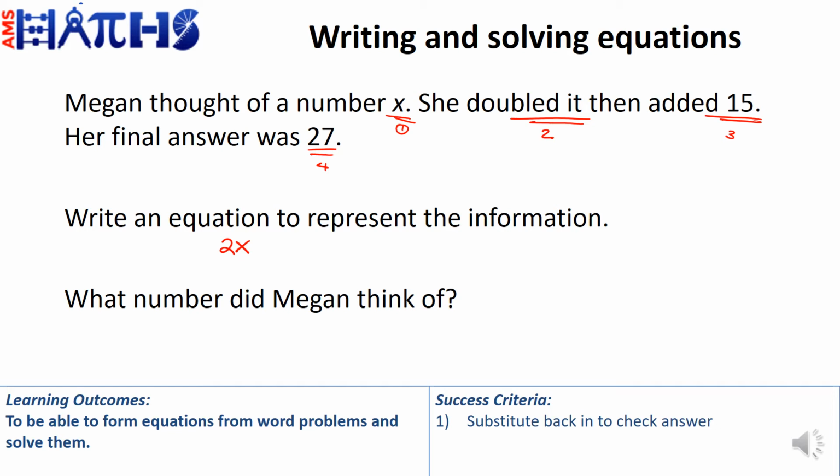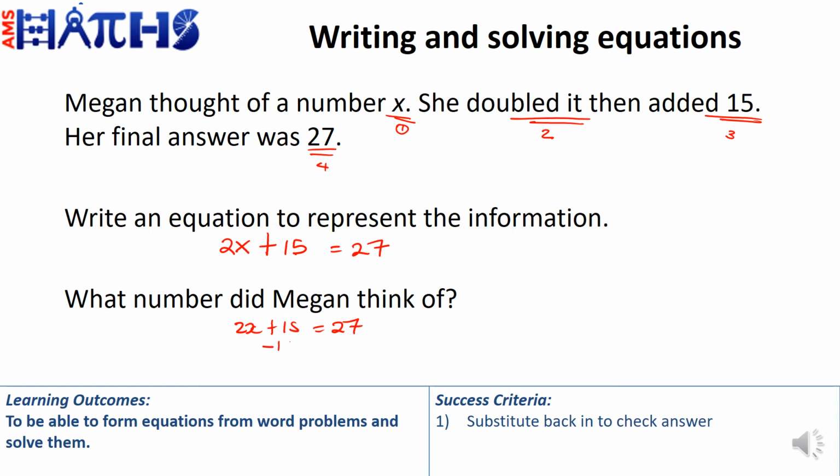Then number 3 is to add 15, and number 4 is the final result. Whatever she has done, X times 2 and then add 15, will give us 27. So now we're going to try to find out what number she thought of, and we're going to use the steps of solving equations. So 2x plus 15 equals 27 is our equation.